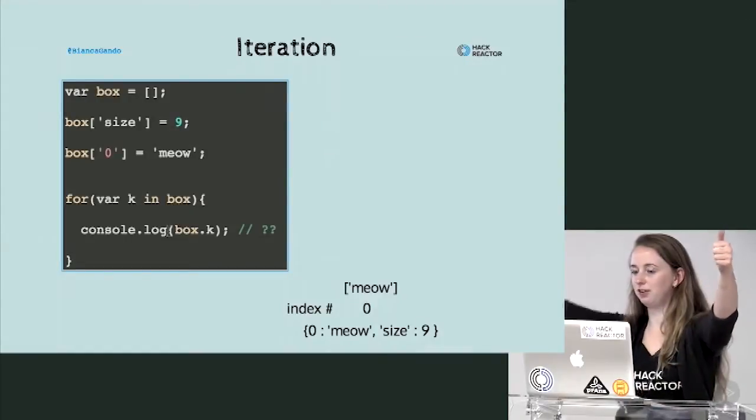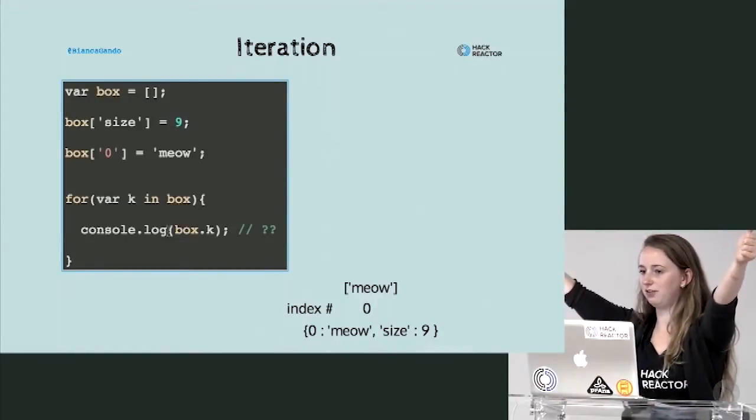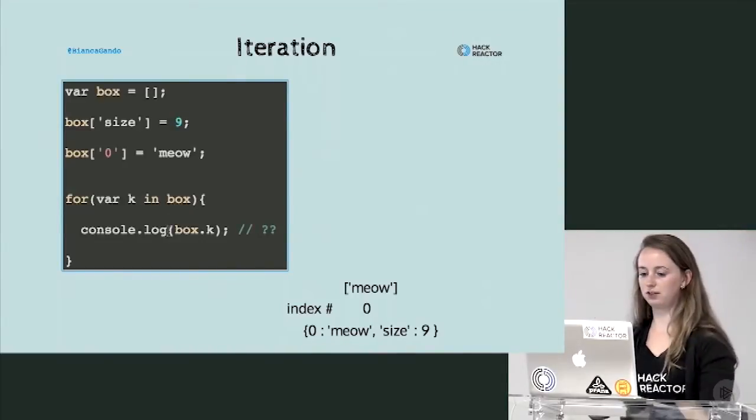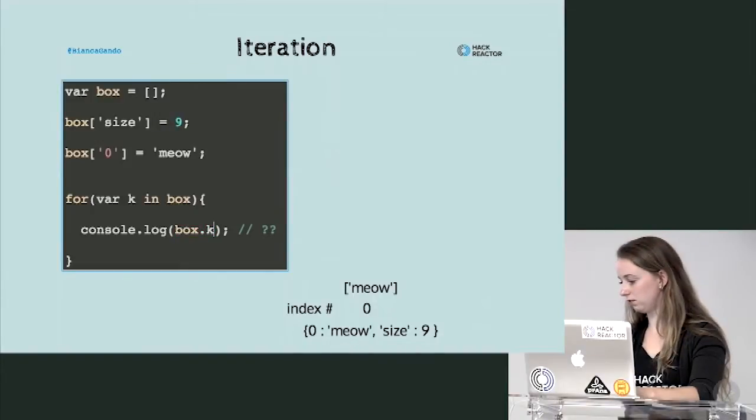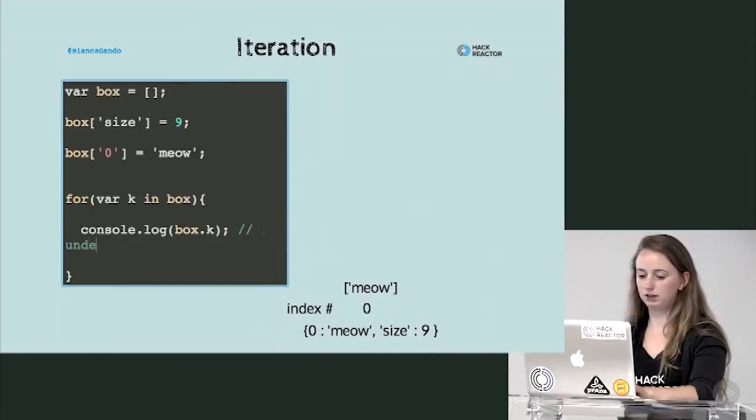Thumbs if you remember the rule, that you can't use dot notation with a variable. So since k is a variable, we can only use bracket notation. I'm just going back to this rule that we discussed earlier. So this is going to be actually undefined, because k is a variable.